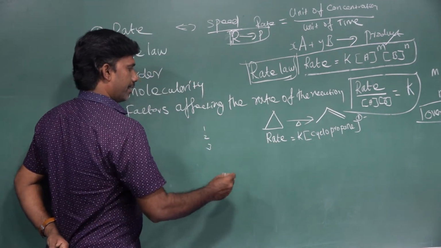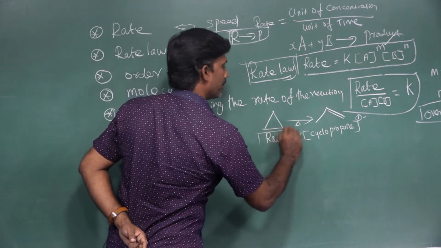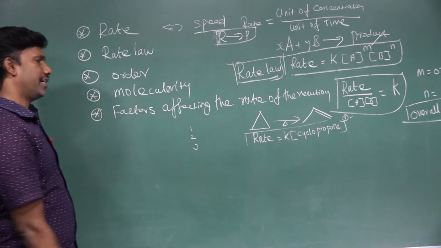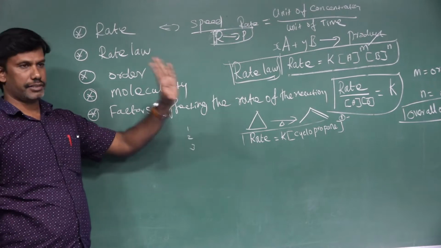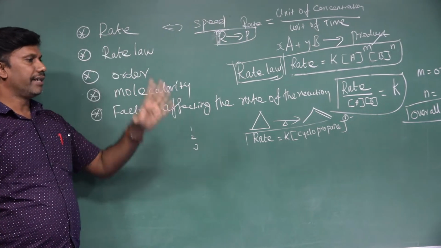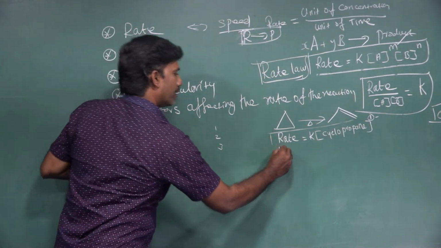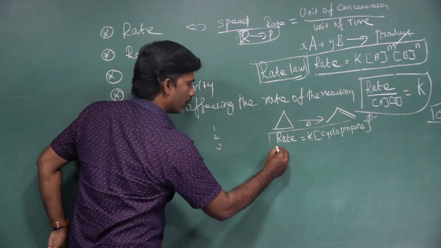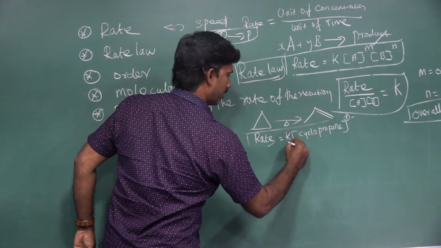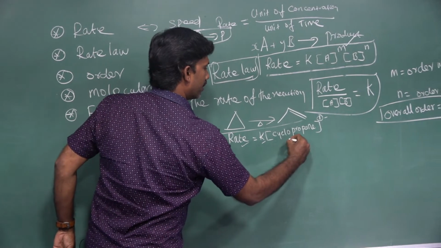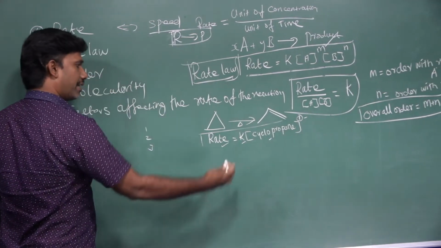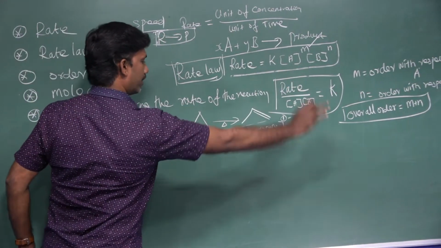Then how may problems be asked in NEET or in a state board question related to the rate expression? Before that you should know what the factors are. Rate is one factor, rate constant is another, then concentration of the reactant, and the order. There are 4 factors.